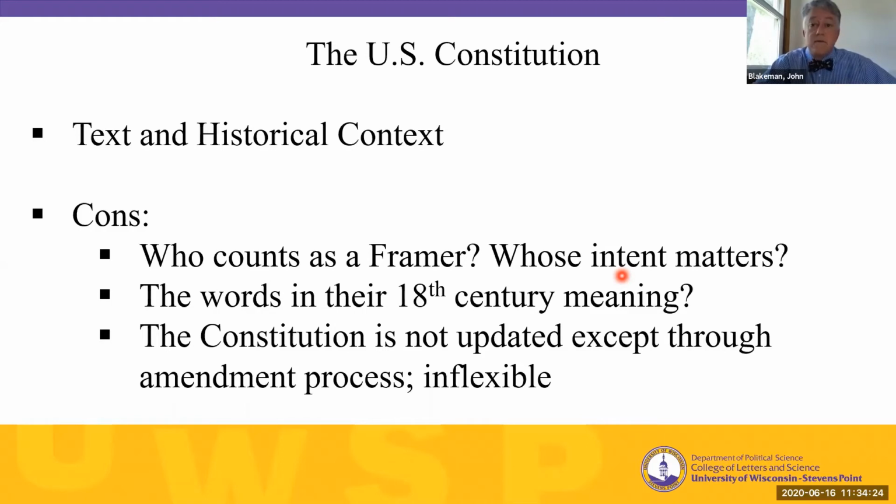He was in the Virginia Ratification Convention. And some of his arguments coming out of the Virginia Convention, and then when he goes to serve in the U.S. House of Representatives from Virginia, he emerges as a very important figure in constitutional interpretation, but he wasn't necessarily a framer. So who counts?